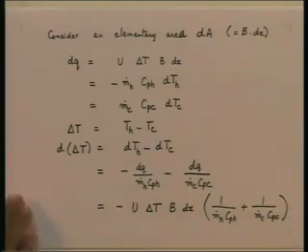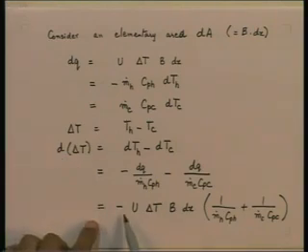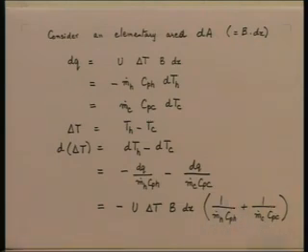That is what I will get. So, d delta T is equal to minus U delta T B dx into 1 upon m dot h Cph plus 1 upon m dot c Cpc.